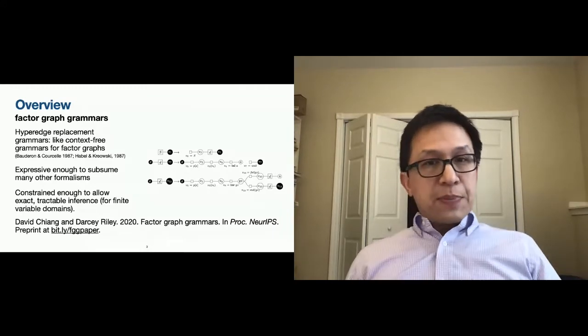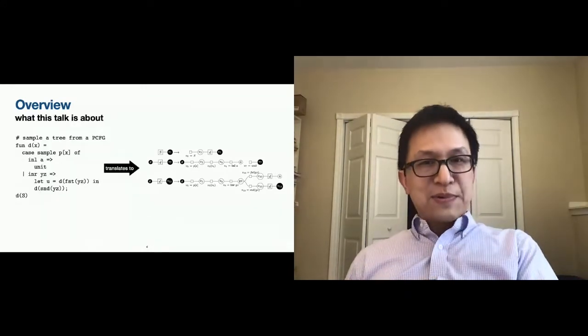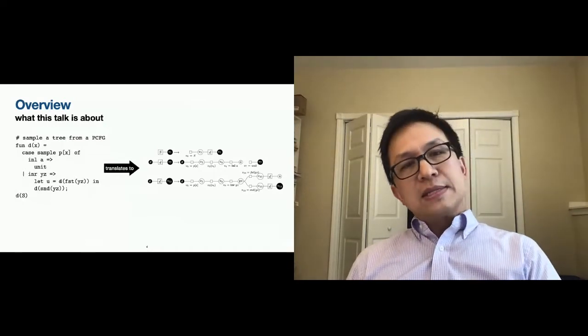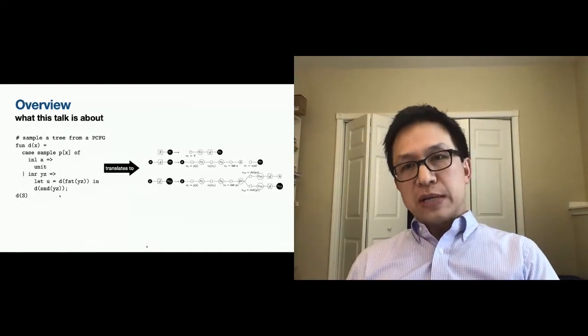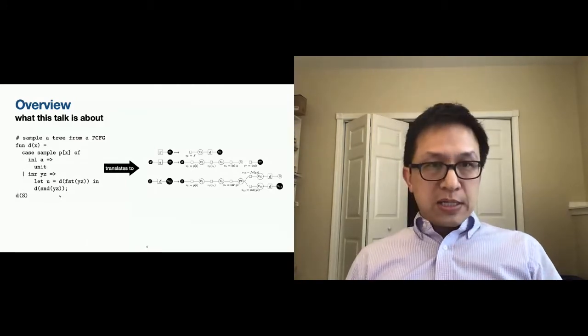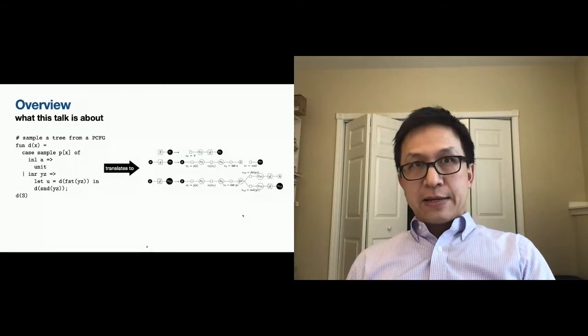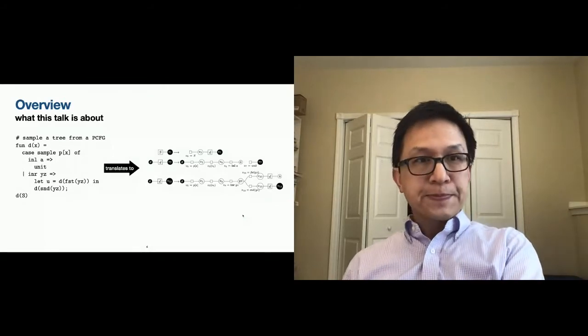So the NeurIPS paper talks about FGGs. The goal of this talk is to talk about how to translate this simple probabilistic programming language into an FGG. The hope is to enable recursion on the programming language side and exact inference on the FGG side.